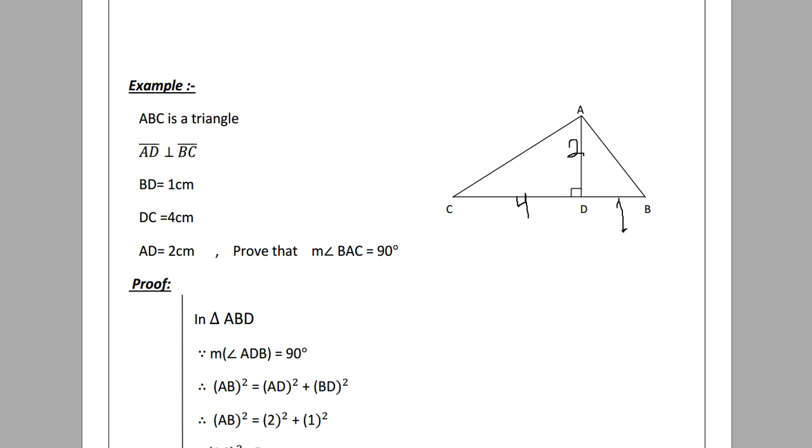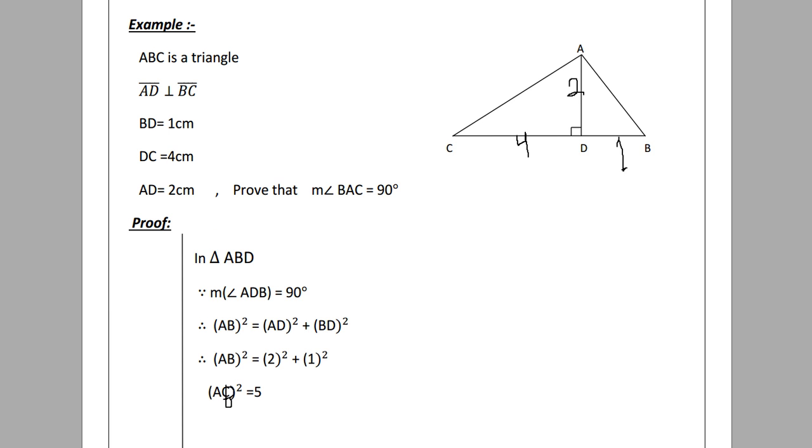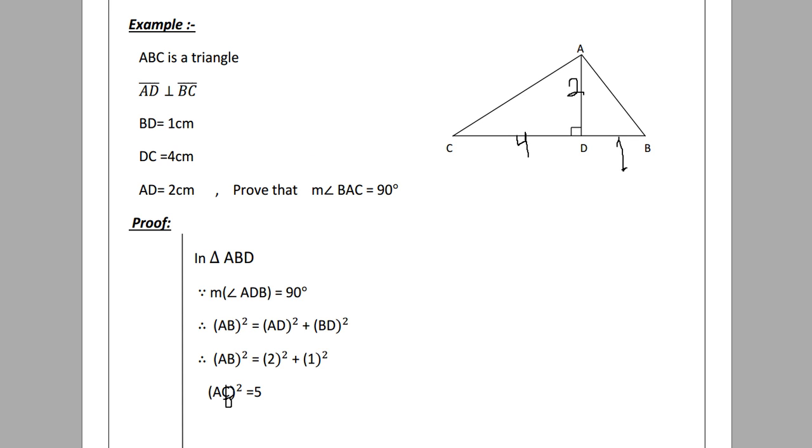So AB squared equals 5. So to get AB without the power 2, AB is the square root of 5. So we have here the length of AB squared, which equals 5.